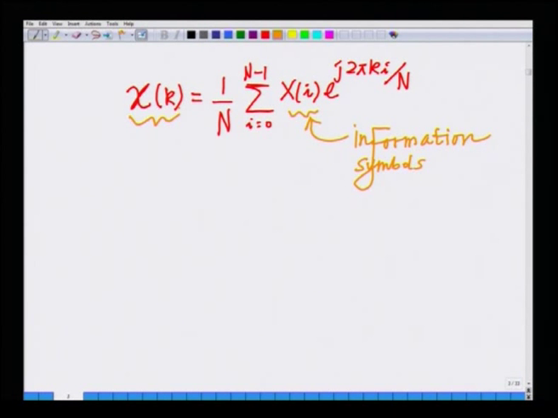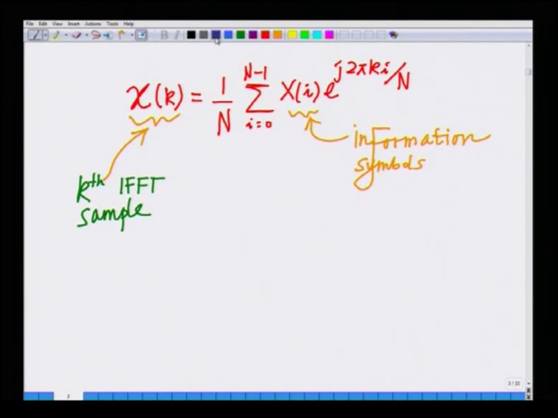These are the information symbols, and this is the kth IFFT sample. Okay. And the average power is given as now.